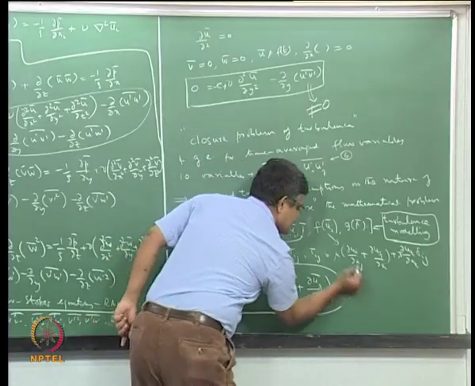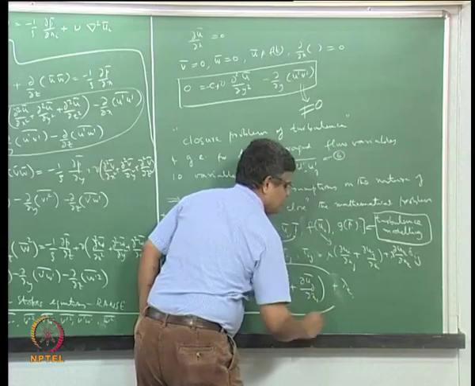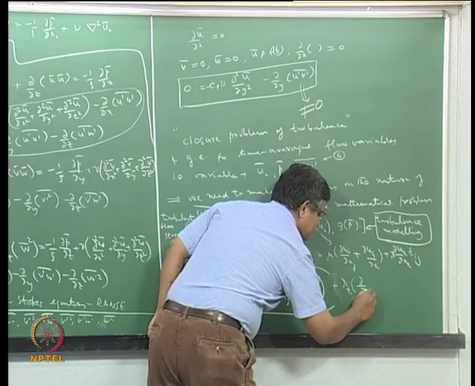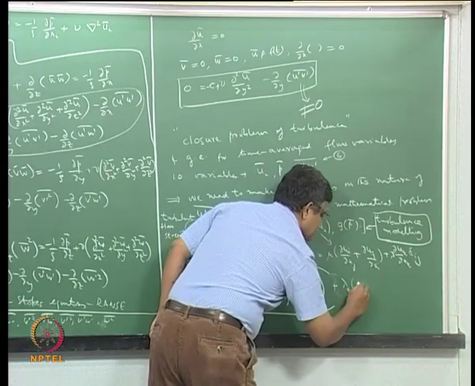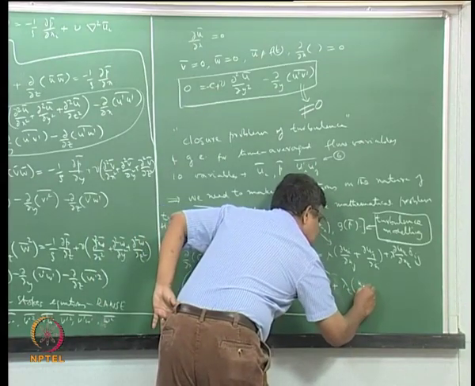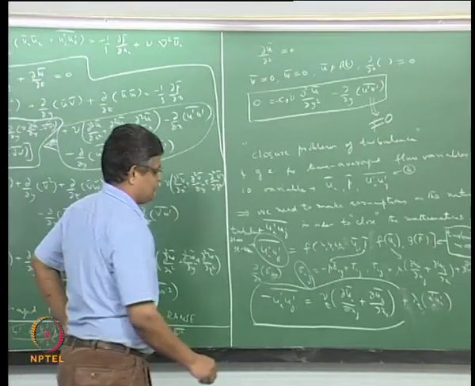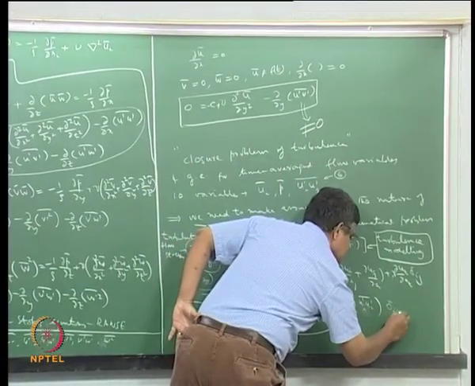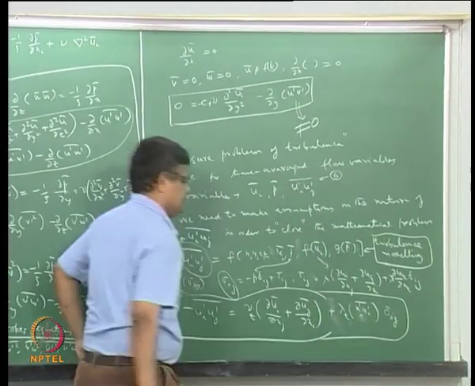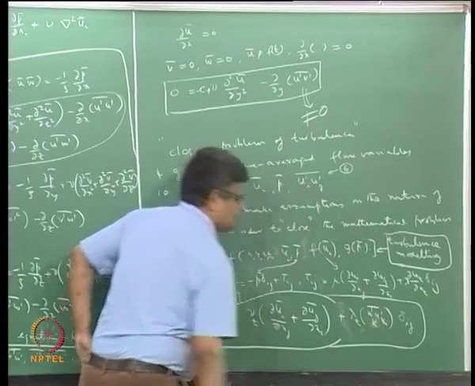We can add that extra thing, plus let us call this lambda turbulent times dou by dou x k of u k prime, delta ij, so as not to confuse this.